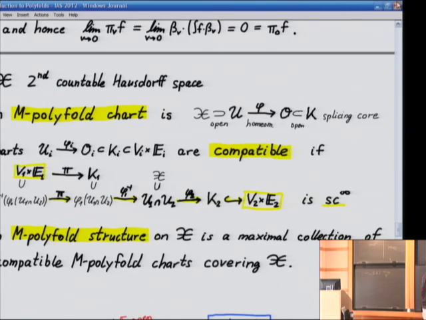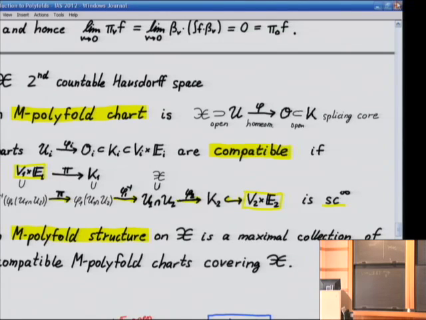So I want to get to some baseline of actually defining an M-polyfold, and I have more, but slow insight is best insight, I think. So now we just copy the definition of a manifold. We start with a second countable Hausdorff space.